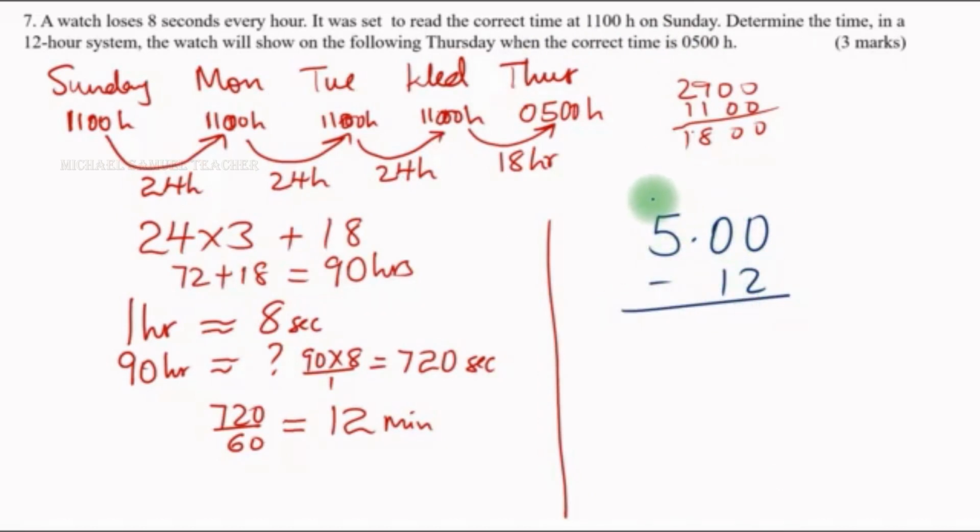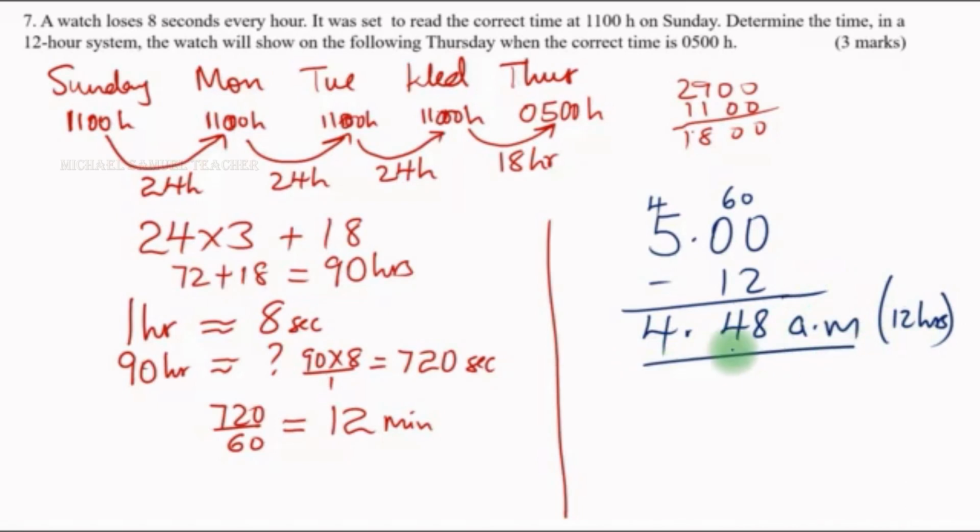We borrow 1 hour here, so this will be 4. So now we have 60. 60 minus 12 is 48, and then 4. So the watch will show the time 4:48 and it is AM. So that is in the 12-hour system.